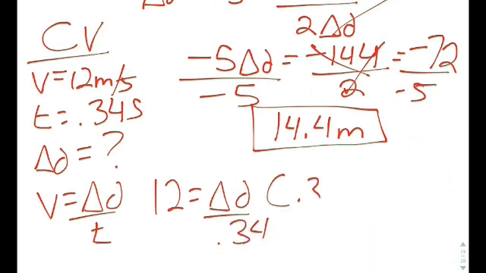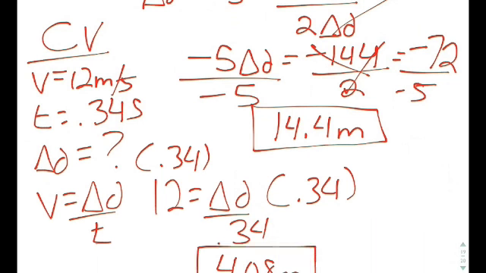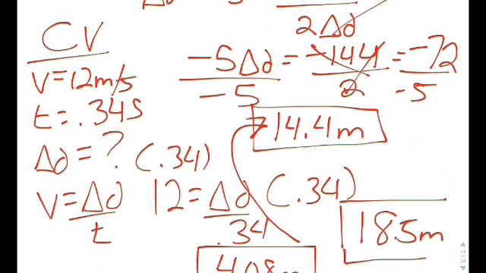You would multiply both sides by 0.34, and when you do that, 12 times 0.34 is 4.08 meters. So he travels an additional 4.08 meters while he's reacting to the fact that there's a cat in the road. Because of that, and the distance required for deceleration, he actually travels 18.5 meters when you take into account significant figures. And unfortunately, the cat doesn't have time to get out of the way.